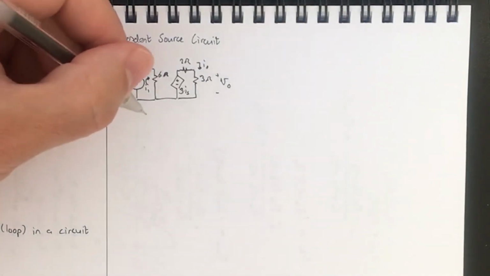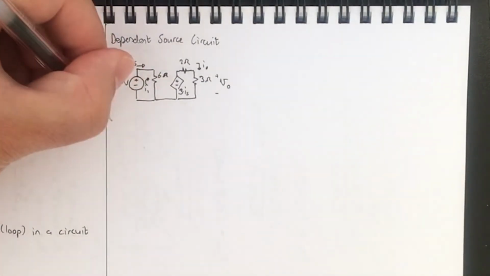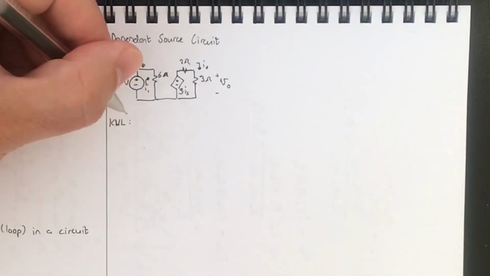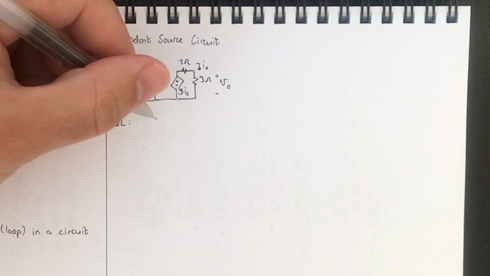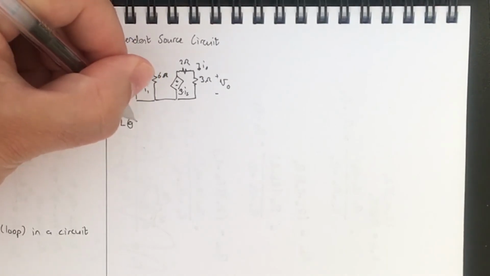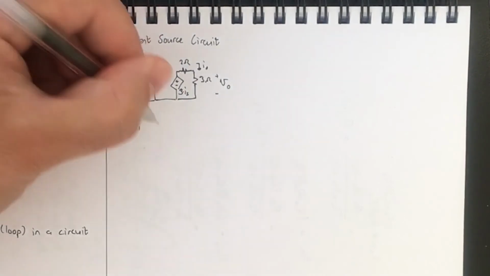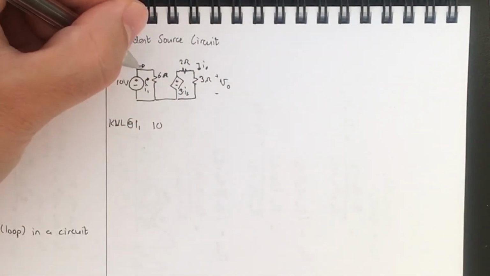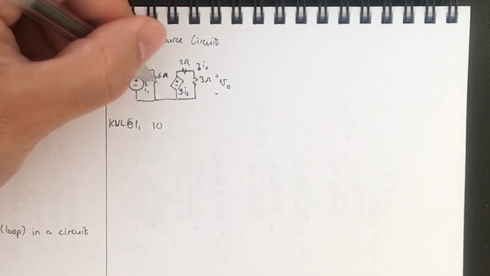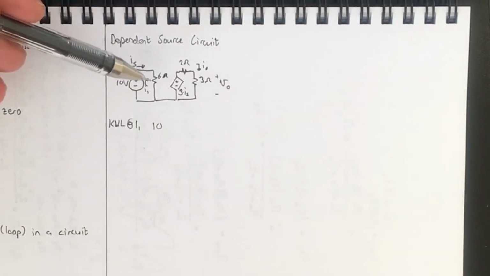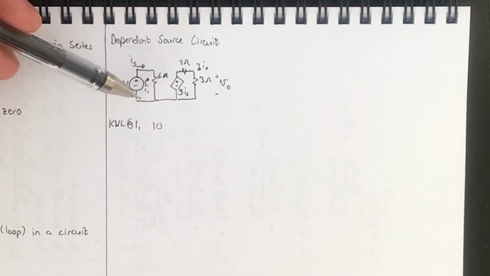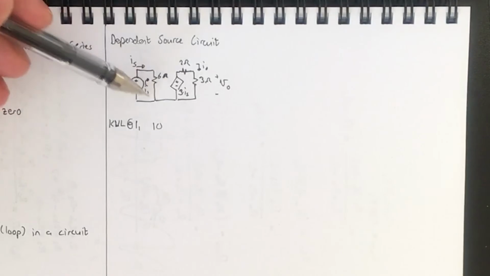So let's first use KVL. So Kirchhoff's Voltage Law at loop 1. So this is loop 1. So we know that the 10 volt source must equal, so the algebraic sum of any voltages within a loop is equal to 0. So this voltage must equal this voltage.